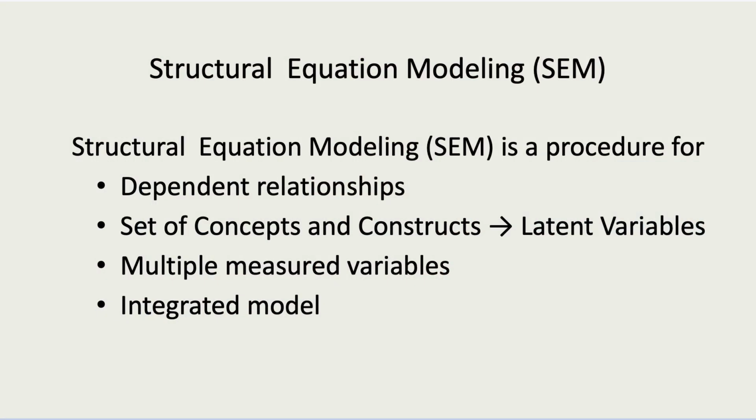Here, we have divided the definition of SEM into four parts: dependent relationships, set of concepts and constructs, latent variables, multiple measured variables, and integrated model. Let's explain one by one. First, we will see what are dependent relationships.